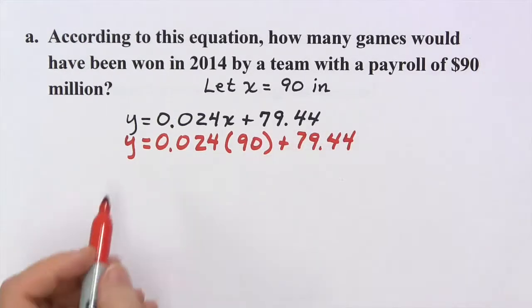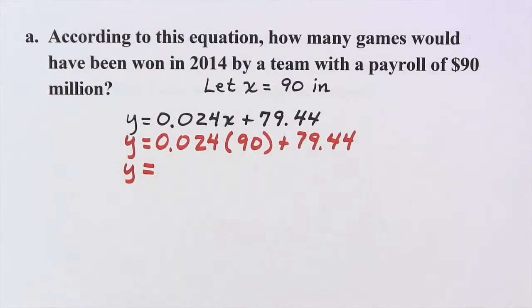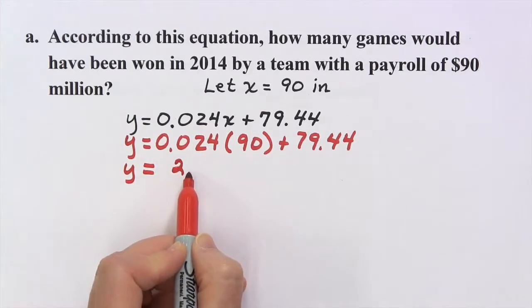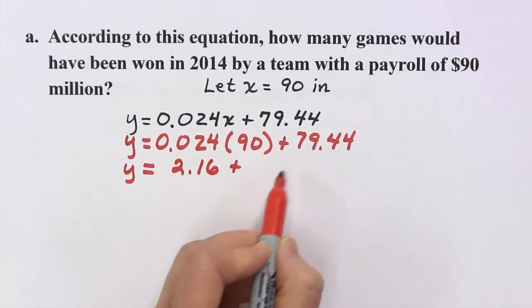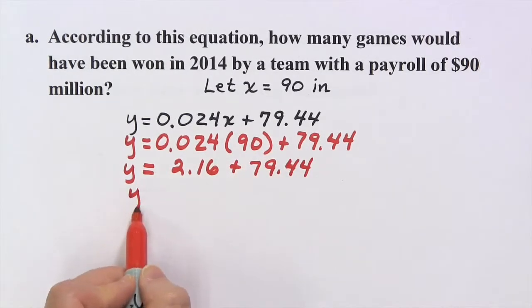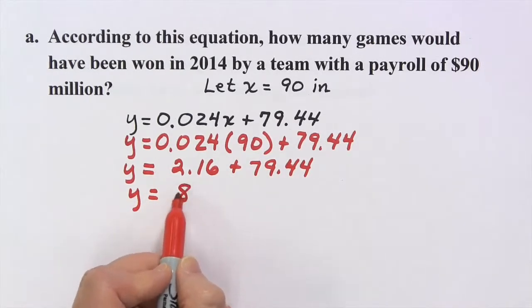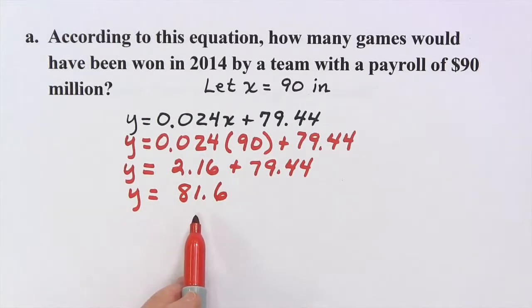79.44. Now, I'll let you put this in your calculator. If you multiply these two numbers together, I think you'll get 2.16, and then plus 79.44. Add the two. Y then is 81.6, but we're rounding to the nearest whole, right?